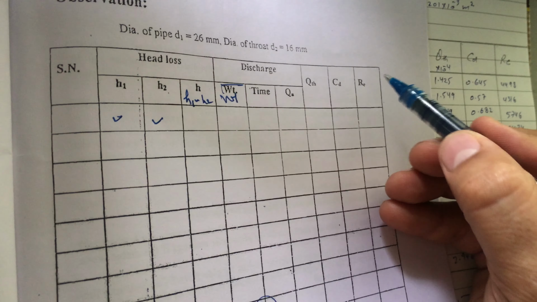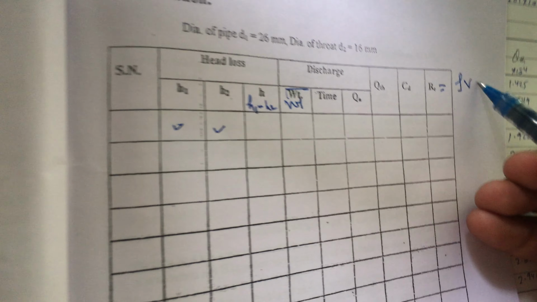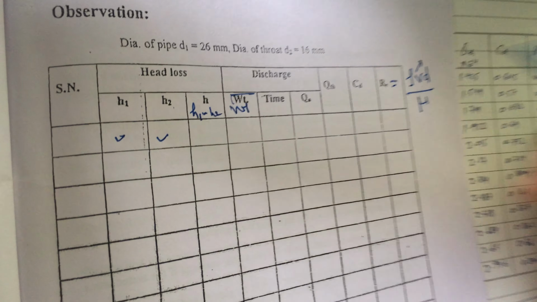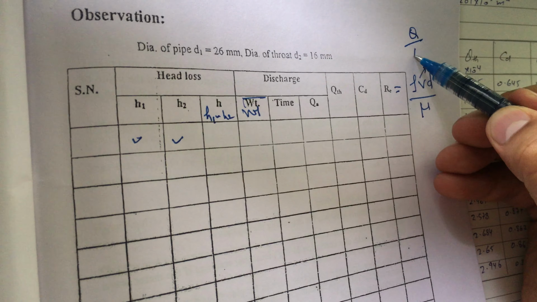You can also calculate the Reynolds number. Reynolds number is what? Rho into V into D upon mu. This velocity is to be calculated at the upstream portion of the Venturi meter.